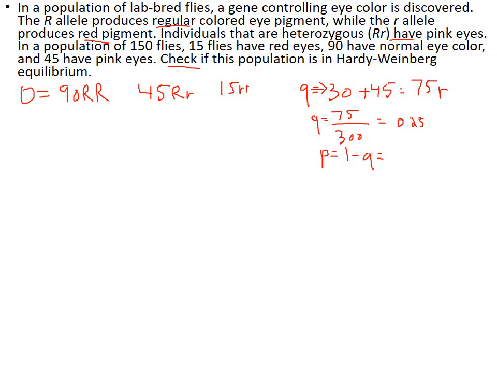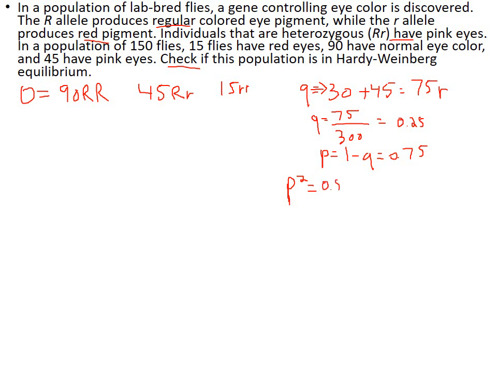And that's going to be equal to 0.75. So now I can go and figure out if my expected would match my observed. If the population were in Hardy-Weinberg equilibrium, I would expect p squared, that frequency, for my homozygous dominant individuals. So 0.75 times 0.75 is 0.563.